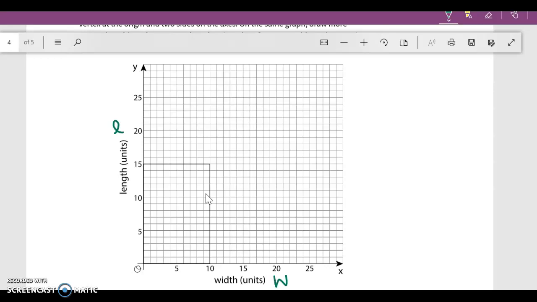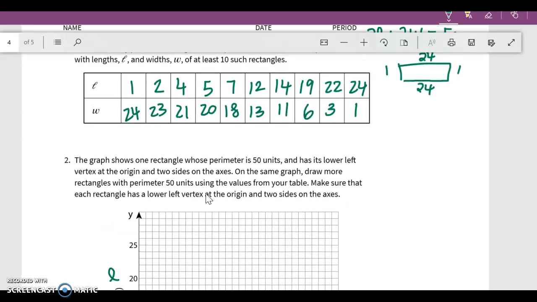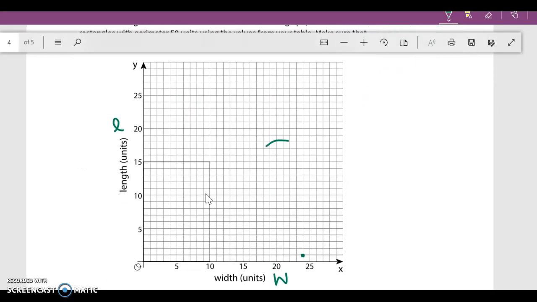Okay. L is 1, the width is 24. Second point I have is, let's see, 2 and 23. Oops. 2, 20, 21, 22, 23, right here. I'm just going to let you guys complete plotting this graph, and then we'll come back together.